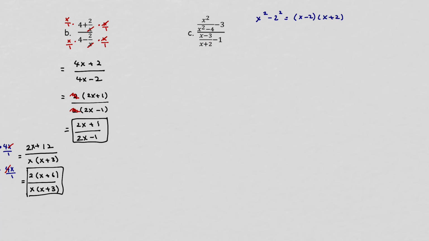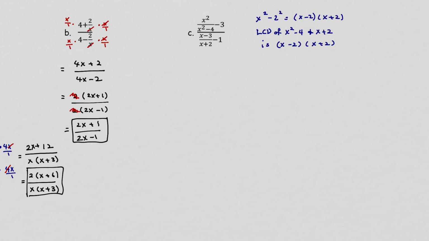So the least common denominator of these two is x minus 2 times x plus 2. So that's what you're going to multiply on all four terms, right? Because you're multiplying at the numerator and denominator and you have two terms you need to distribute.